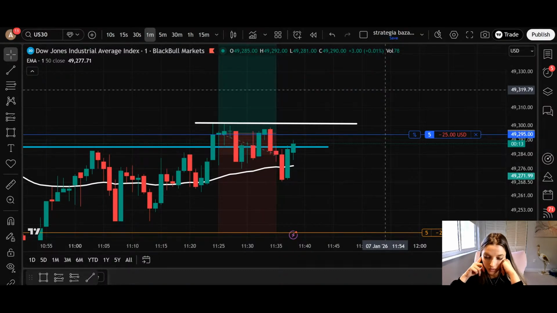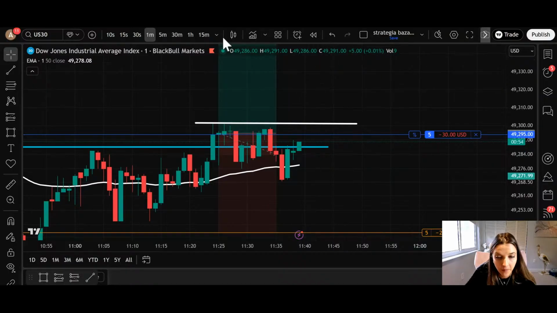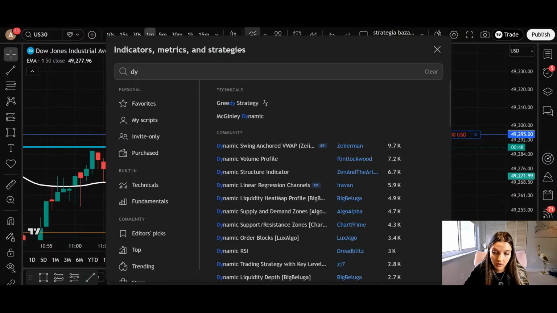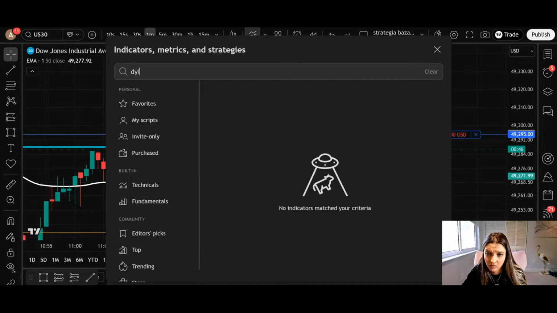Because I found out, the simpler it is, the more profitable I am. Trust me, I used to have a bunch of indicators. I think I even have screenshots. See this indicator, it's all indicators in one. Let me see. DYE. No. How do I find it?